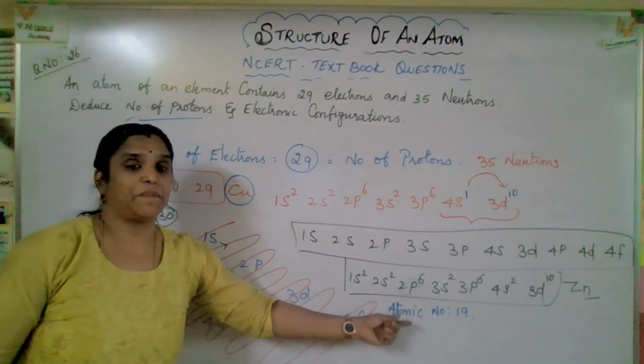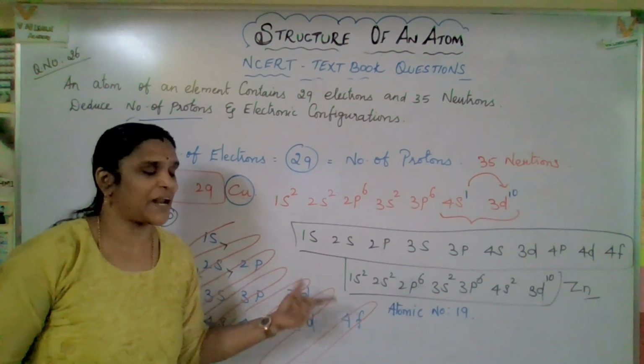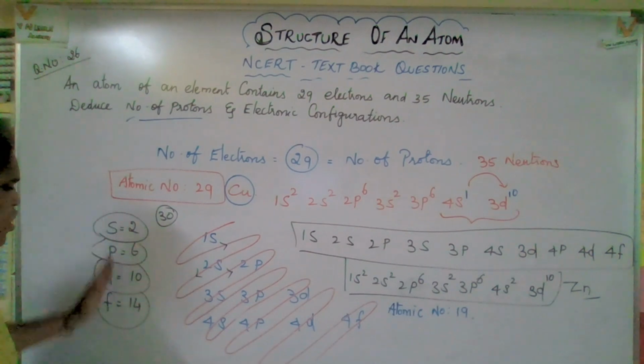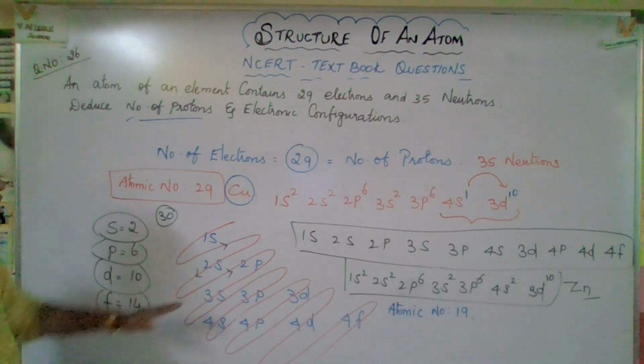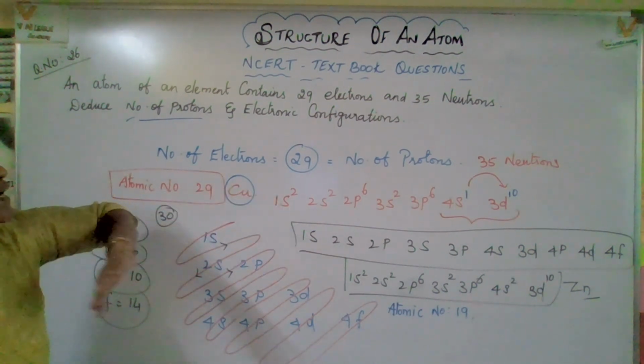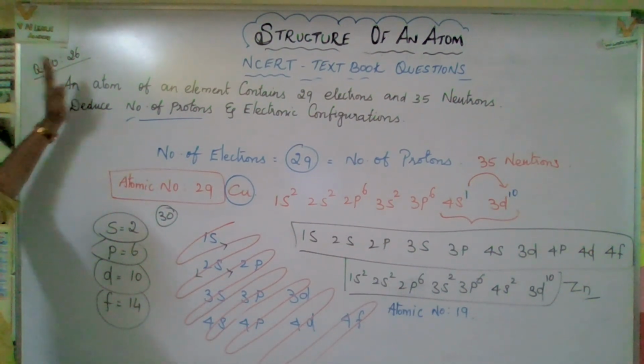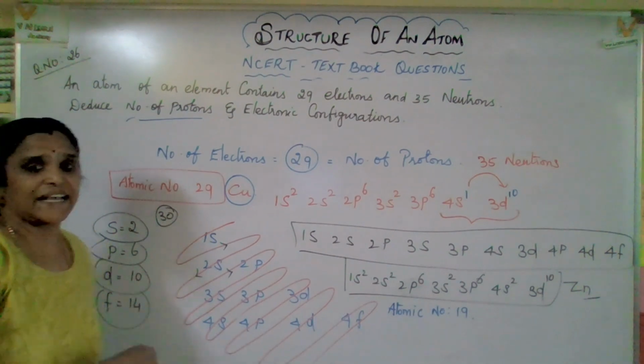So this is my simple question. I hope you are able to write, and you just check along with it how many electrons can be filled, and half filled and completely filled. That also you please check. Hope you got a clear idea about this question. Come on, let's go for the next question.